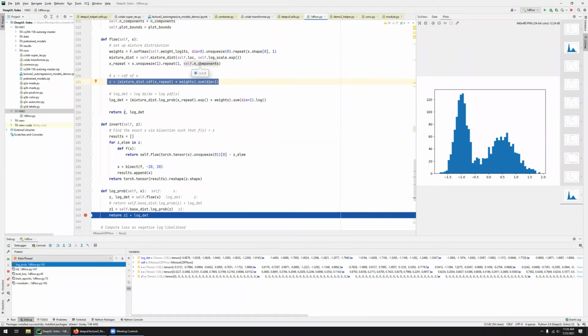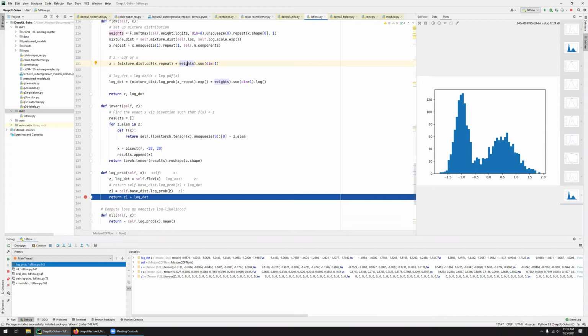So there are 5 mixture of Gaussians. So for each of the 5 mixtures that you sample from, you multiply by the weights. And then it's just doing the mixture of Gaussian computation. It's taking X and doing the Gaussian here.